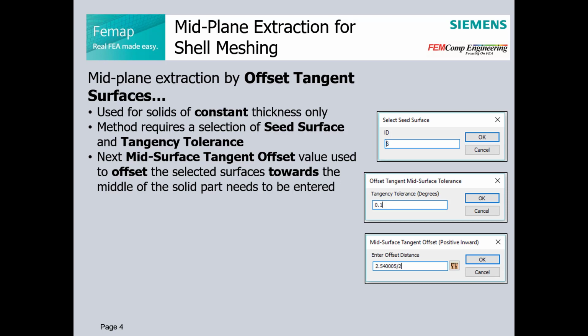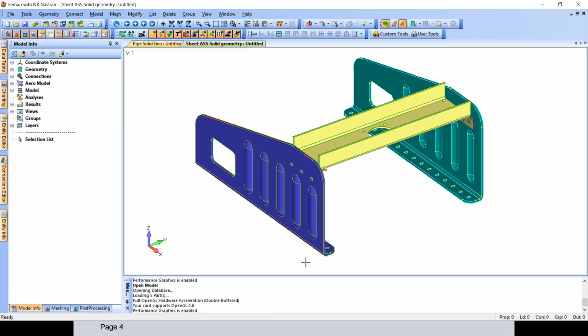The offset surfaces will be automatically stitched together by FEMAP as the last step in this procedure. Let us see the following examples which show how to use both methods in FEMAP.